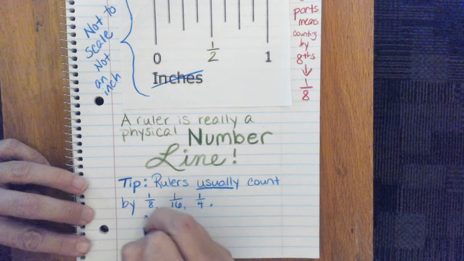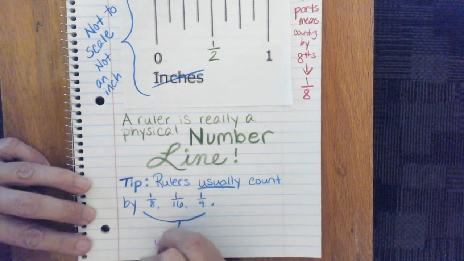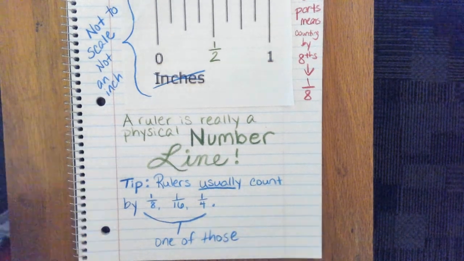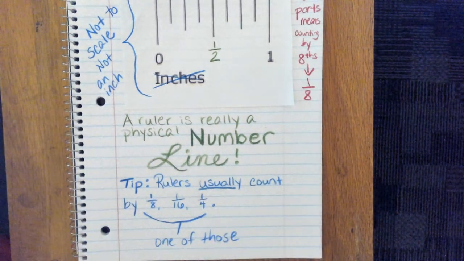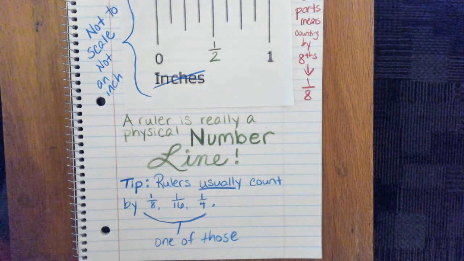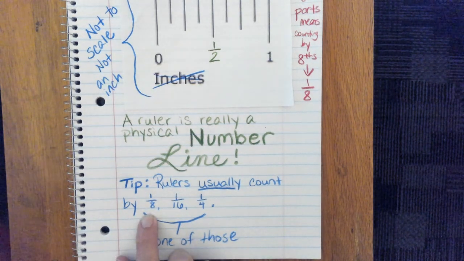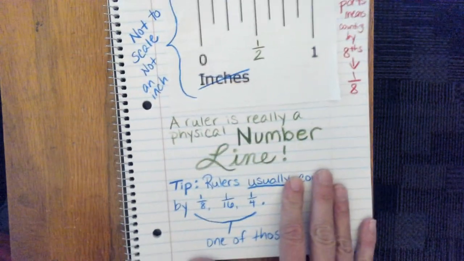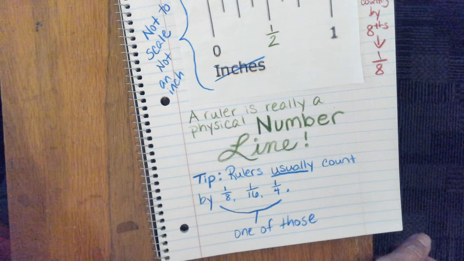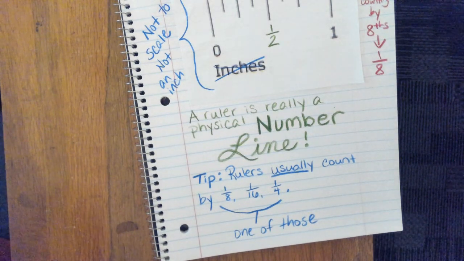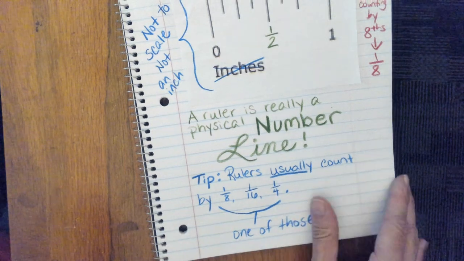Okay, one of those. Rulers usually count by 1/8, 1/16, or 1/4. And I would say 1/8 is the most common, 1/16 is the next most common, and 1/4 is the least common. Okay, and at the end, I'll get a picture of the whole page.